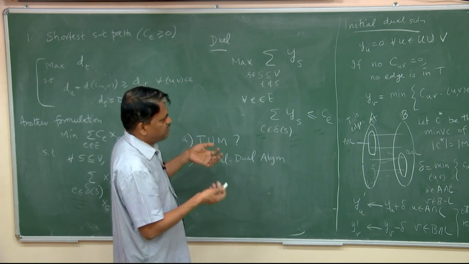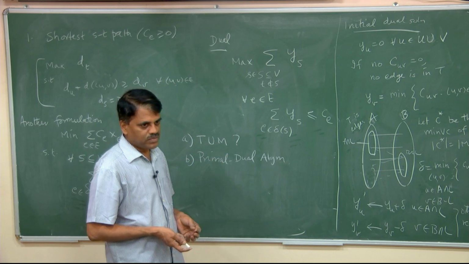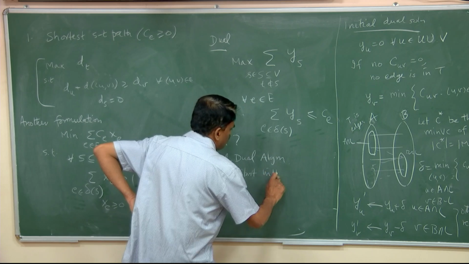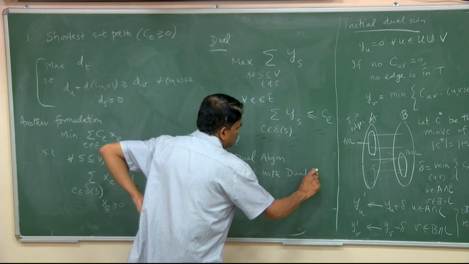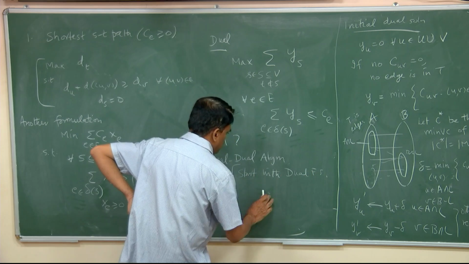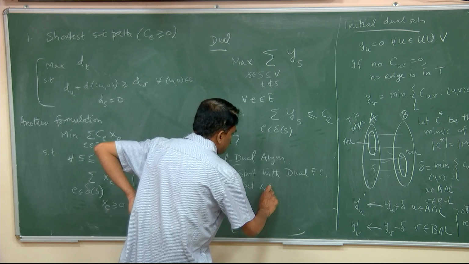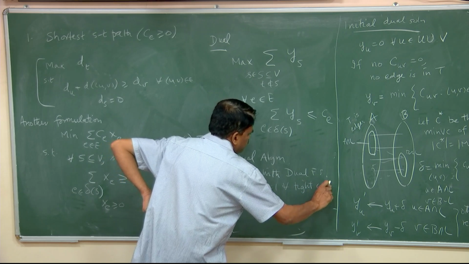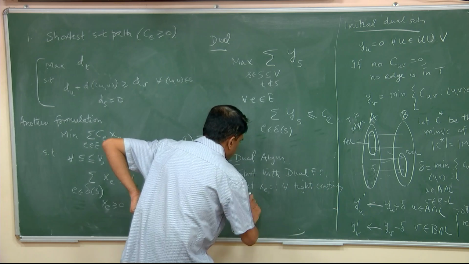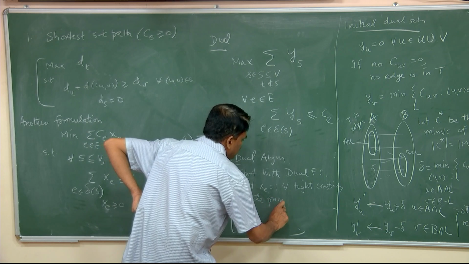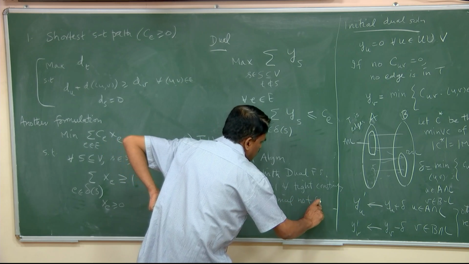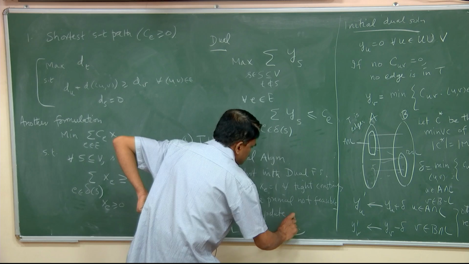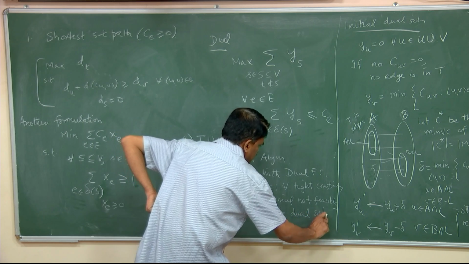Okay, so just figure out how you come up with the primal dual algorithm. The primal dual algorithm would be: start with a dual feasible solution, set x_E equal to 1 for all tight constraints, while primal not feasible, update the dual solution.